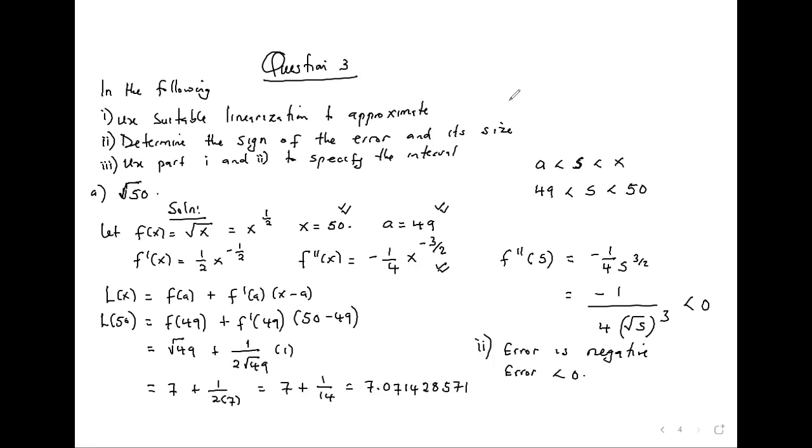Then you do f prime prime, the second derivative of that s, where s can be any number from that interval. If the second derivative is positive, then you would say the error is positive. If the second derivative is negative, then the error is negative. Of course, don't expect to find the second derivative 0 in this case.